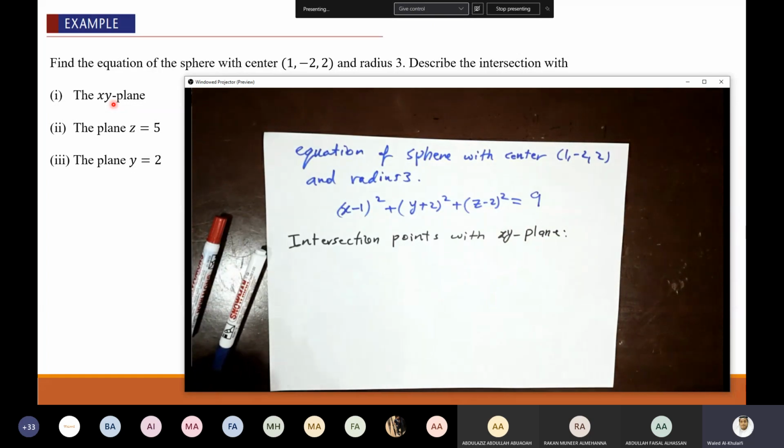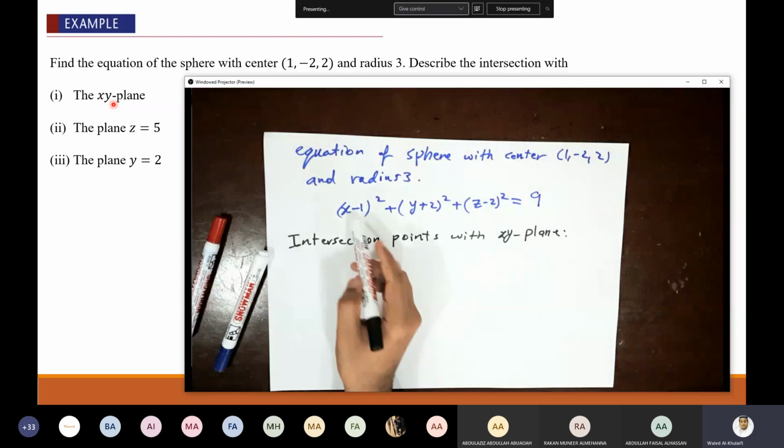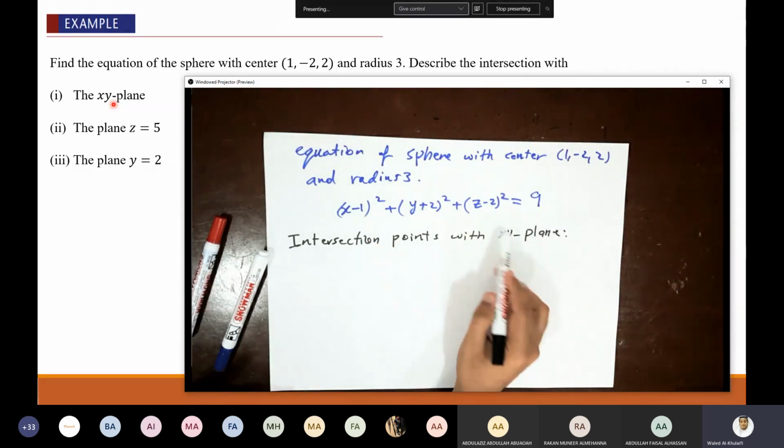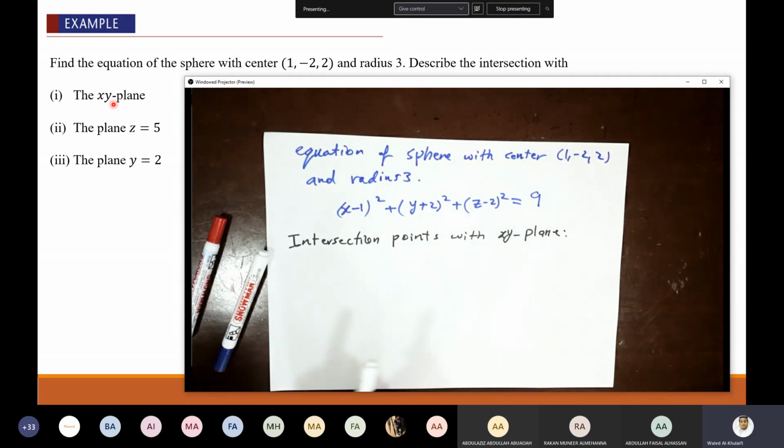In general, if you have two curves in two-dimensional space and you want to find the intersection points, what will you do? You equate them. Very good. Now we are in three-dimensional space. I have the equation of a sphere and I have the xy plane. So there is a similar idea. We equate them, but how to do that?